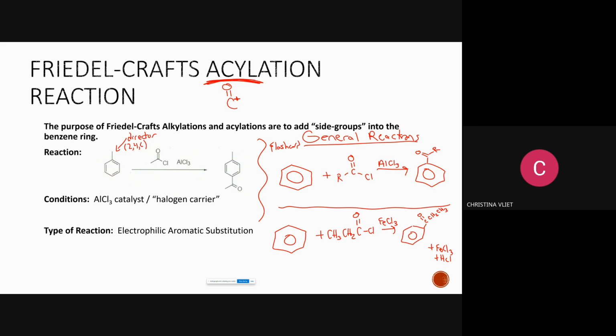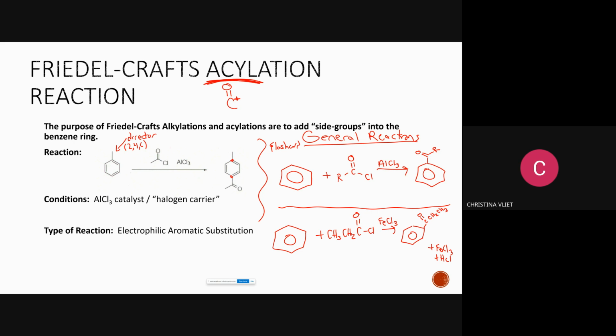So a director would direct to the 2, 4, 6 position. Notice how this image that I grabbed online only put it at the 4th position. Could you reason why possibly it would be best to put this group on the opposite end and not right next to the carbon?